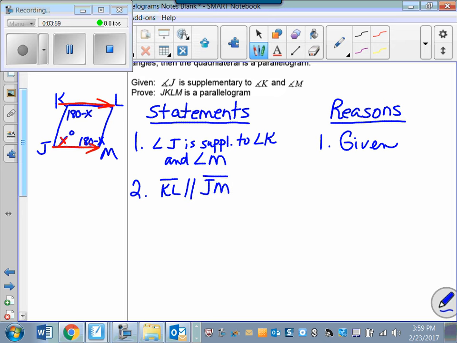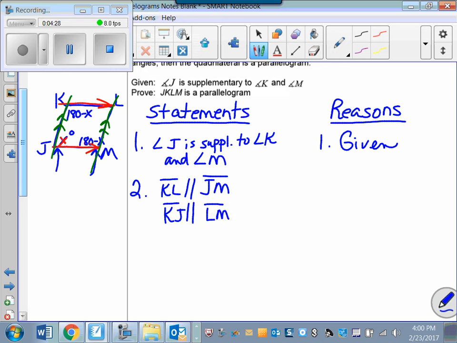And I could also do the same with the other two angles, right? If I know that angles J and M are supplementary, then I also know that KJ is parallel to LM. So I'm going to write that down too. KJ is parallel to LM.